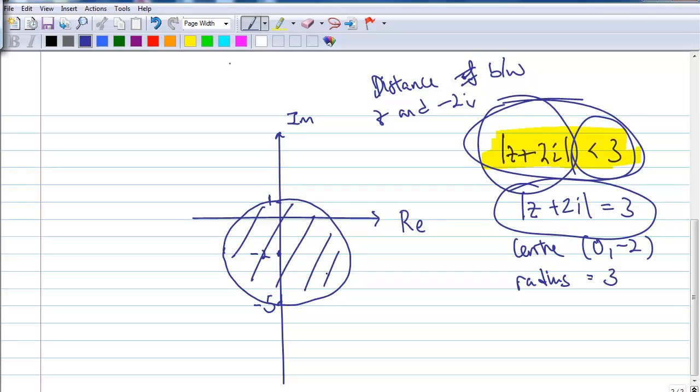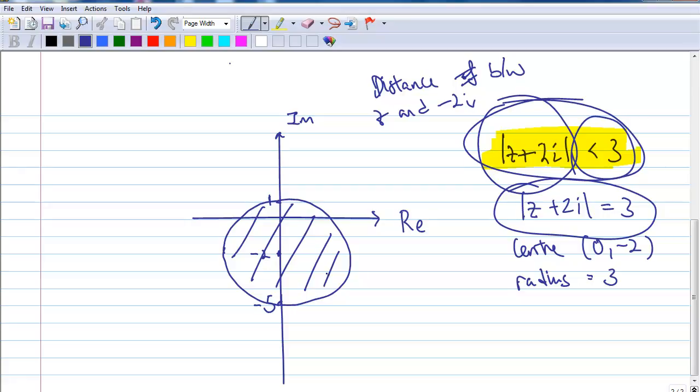Inside the circle. Now what about the points on the circle? Now the points on the circle have distances that are exactly 3. Okay, so if that's the case, we do not want those points on the circle. We only want the points inside the circle.